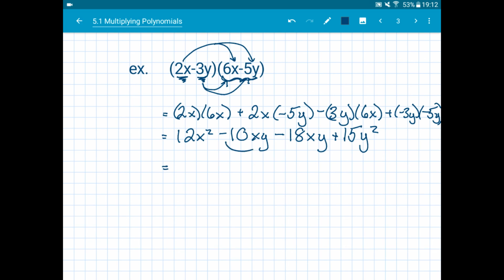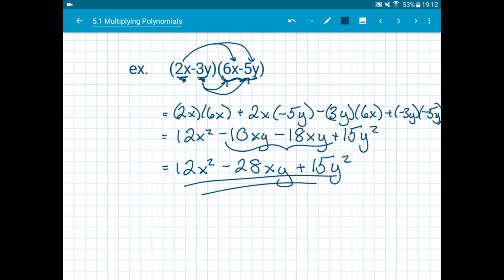Now look, we have these two that are like terms, so we'll put those together. We end up with 12x squared minus 28xy plus 15y squared. So that's pretty much all you need to know: when you have these two brackets being multiplied together, everything inside one bracket multiplies everything inside the other.